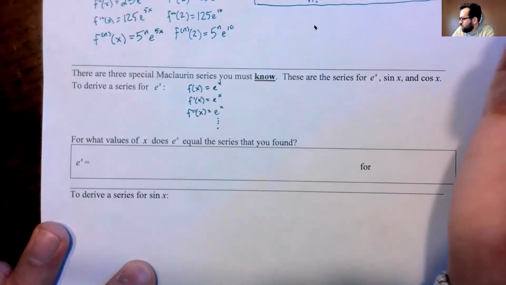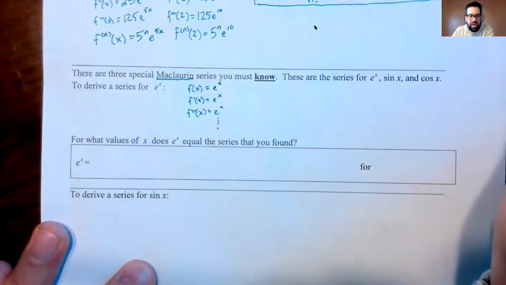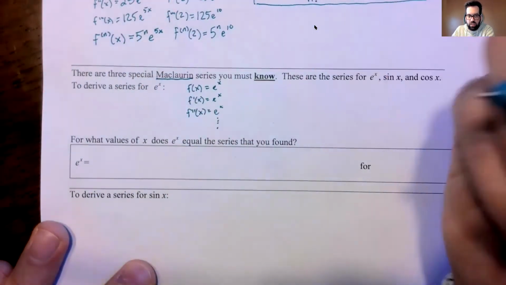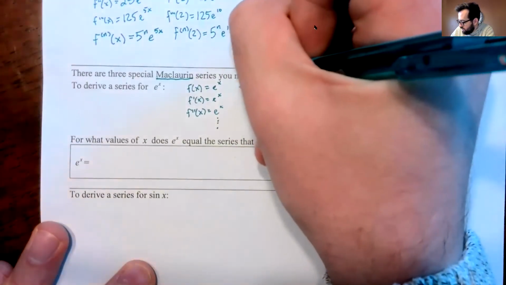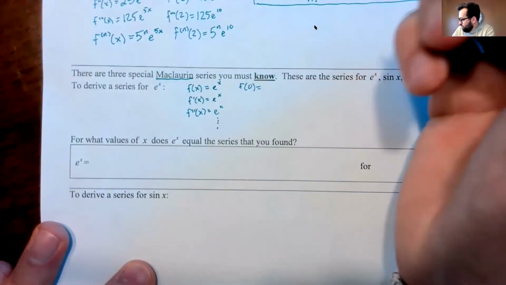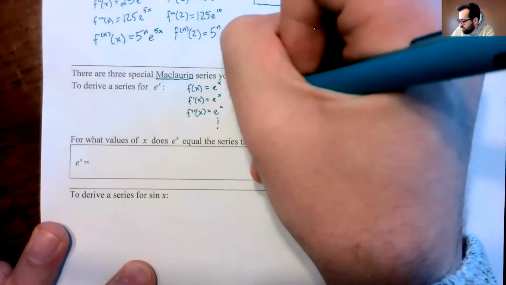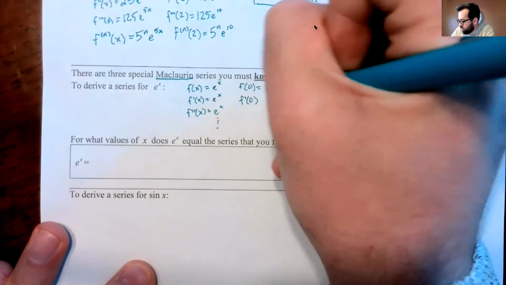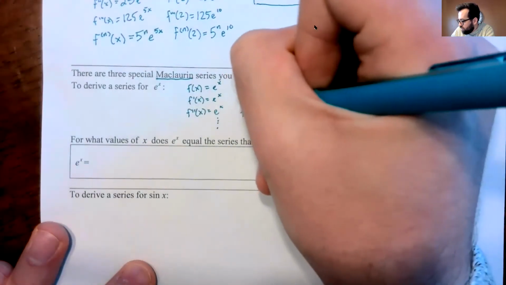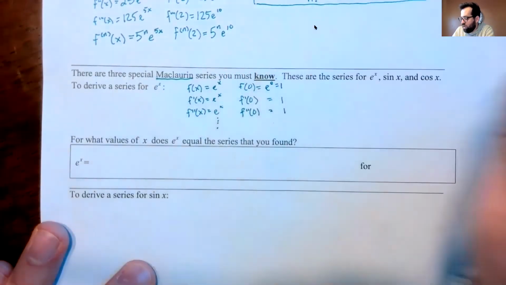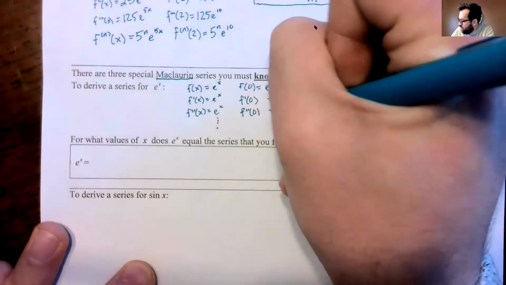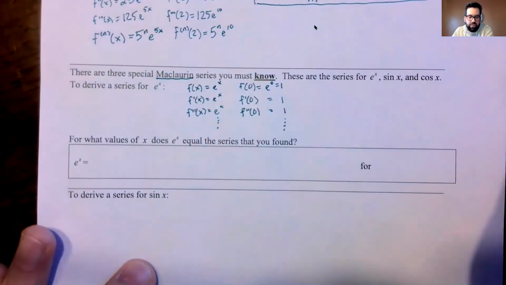And since we're looking at Maclaurin, that means that we're centered at 0. So we're going to be plugging in 0. So f of 0 is e to the 0, which is 1. That means f prime of 0 is also going to equal 1. And f double prime of 0 is also going to equal 1. And all of the derivatives from then on are going to equal 1.